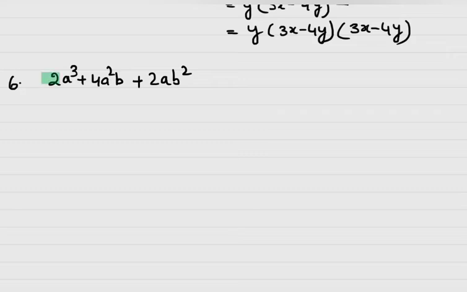See here, 2a cube plus 4a square b plus 2ab square. You have to bring this question into the form where you can factorize this. See here, if you see properly, 2 is not the square of any number. A cube, it is also not the square of any number. If you properly observe, you will see that see 2a. And here also 2a you can take out common.